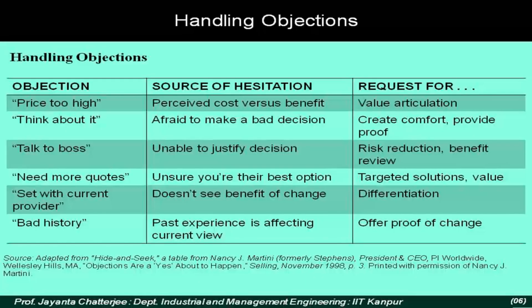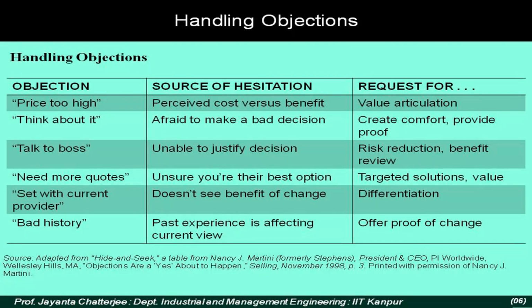The scrap reduction by the RF steel solution or the throughput improvement by labor saving by the RF option are opportunities for articulating that additional value that your solution is offering in relation to this price too high. Of course, you know that this happens every day. You go to the market to buy a shirt and you will usually, as a buyer, say, no, this price is too high.